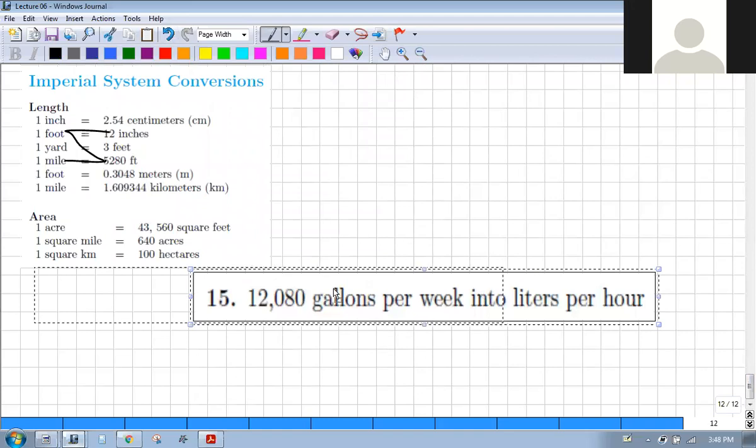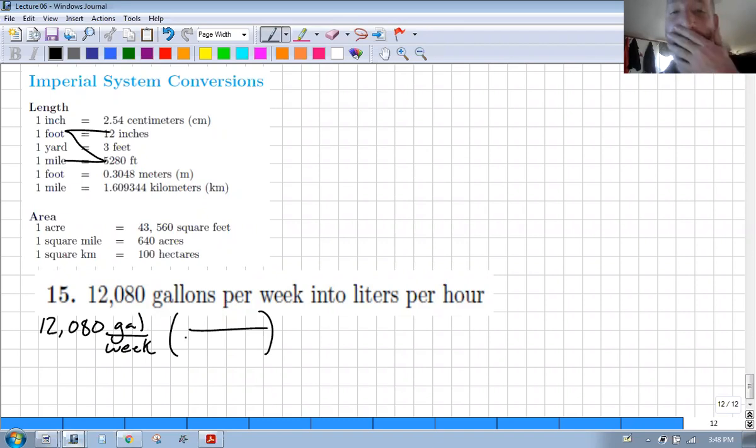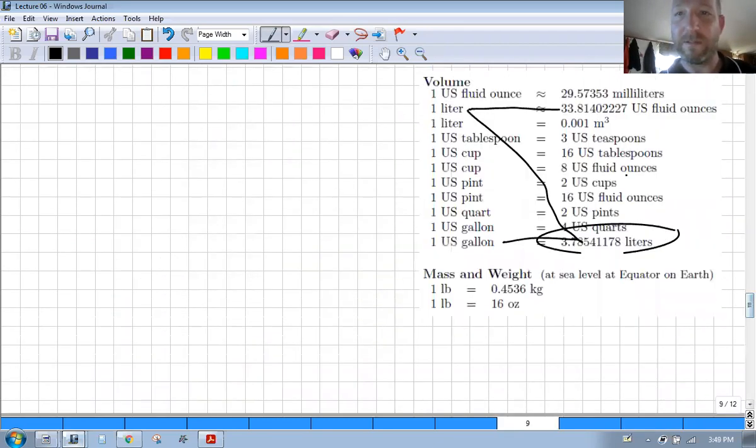There's another goofy one. Gallons per week into liters per hour. We got 12,080 gallons per week. So let's deal with gallons first. We're going to turn gallons into liters.